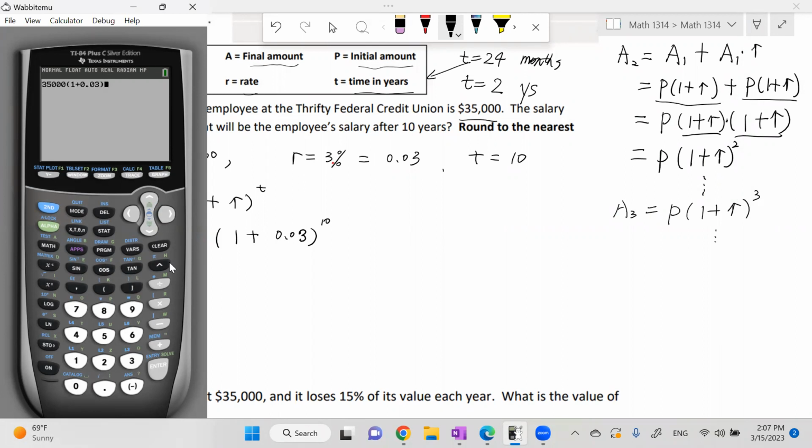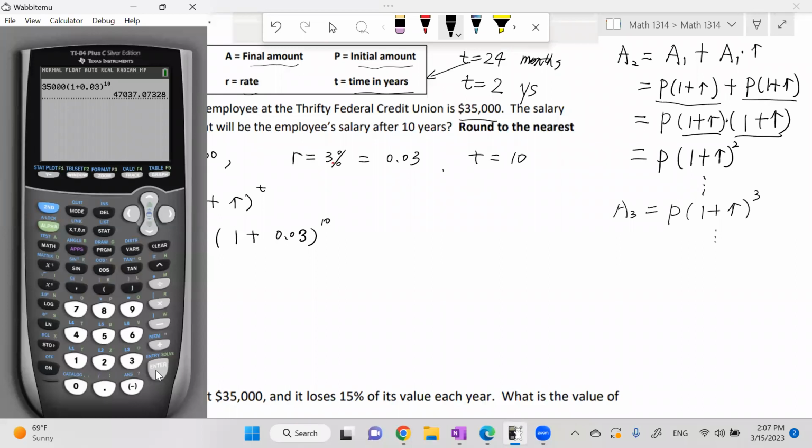Close the parentheses. Click the caret sign or exponent sign here between clear and the division line. We put 10 there. Move the cursor. Hit enter.